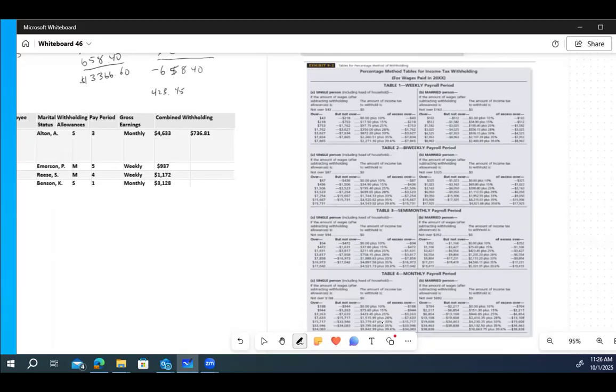And then he's going to pay 15%. Looks like, no, actually 25% on everything above $3,263. Since he made 3,366.60, he has to deduct this from it in order to figure out how much is subject to the 25% tax.